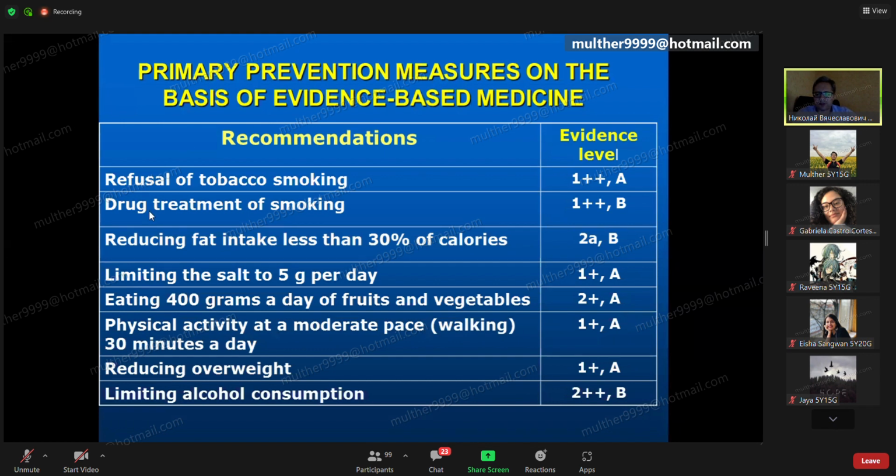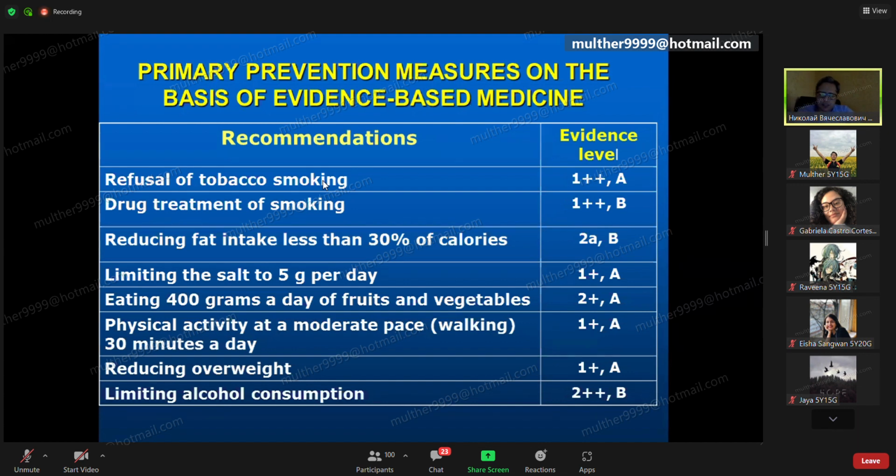In these trials, the effectiveness of a very high level of evidence was proved for refusal of tobacco smoking, limitation of salt to 5 grams per day, eating 400 grams or more of fresh fruits and vegetables daily, physical activity at a moderate pace, walking 30 minutes per day, and reducing overweight.